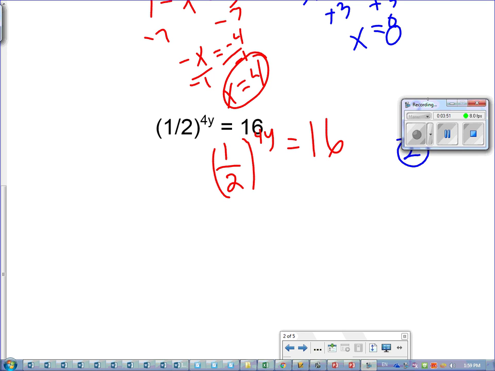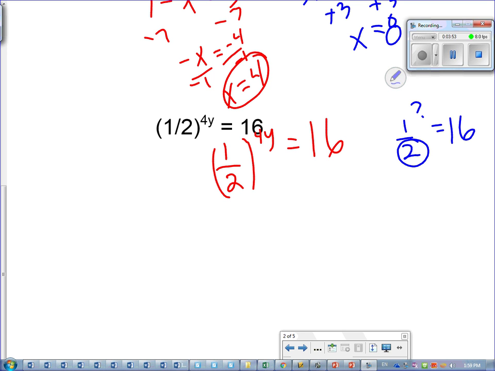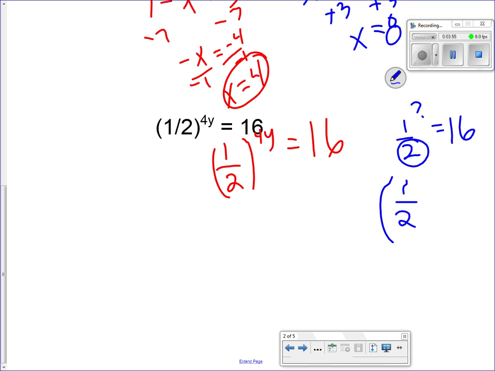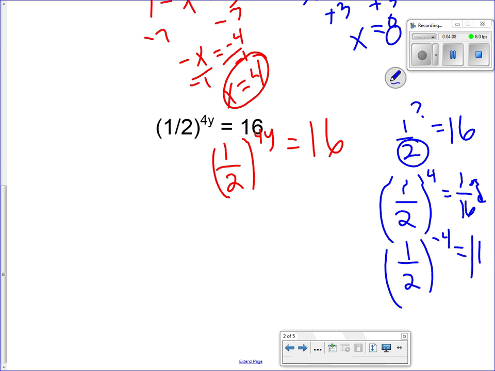If I want to move something to the other side of the fraction, I will use a negative exponent. 1/2 to the 4th power would be 1 over 16. But I want the reciprocal, so I'm going to use negative 4 to get the reciprocal of 1 over 16, which is 16. So I can rewrite 16 as 1/2 to the negative 4th power.